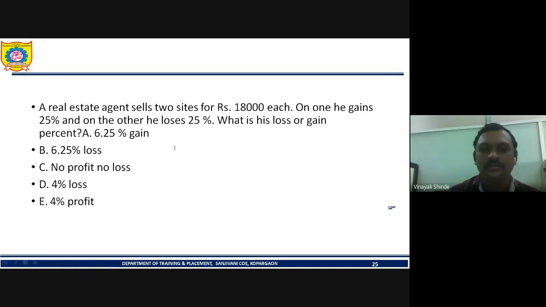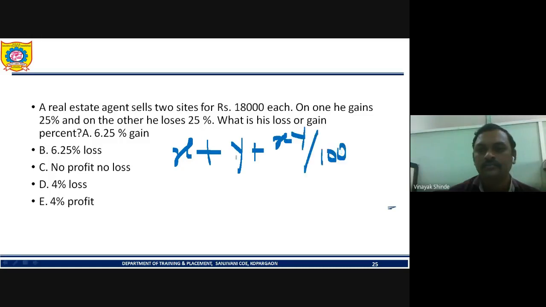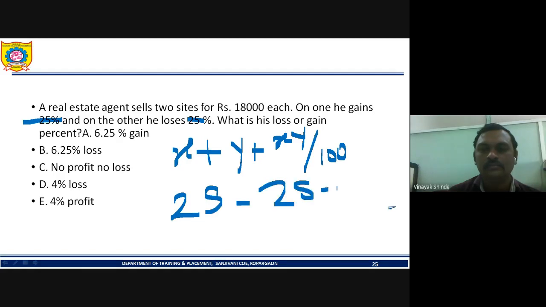It is x plus y plus xy by 100. This is loss, so take y as minus 25. So this 25 and 25 will get cancelled. Minus 25 square by 100. Yeah, this is the solution.